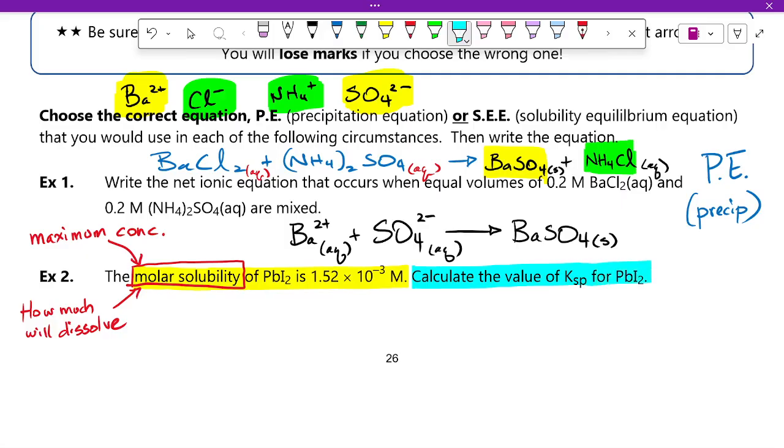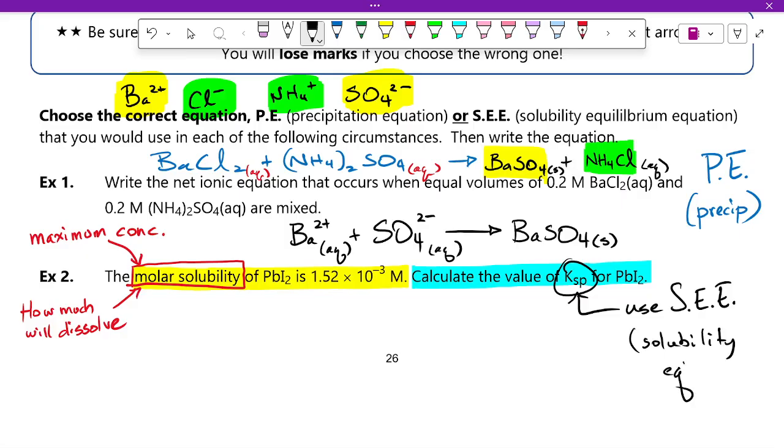So which equation will we be using? Will we be using the PE or the CE? The CE, the solubility equilibrium equation. Do you guys want to see how easy these questions are? We're not actually doing the math part of it at this, like in section 3.2, but let's just do the math anyway, because it's really easy.